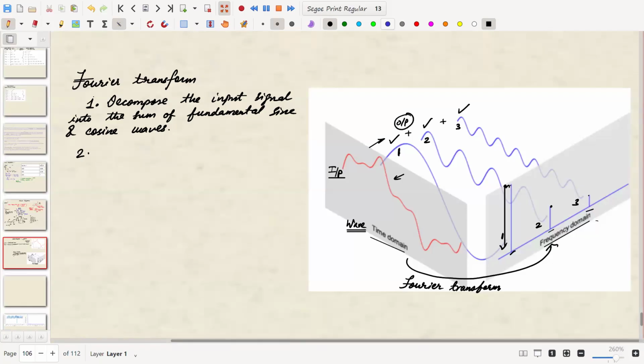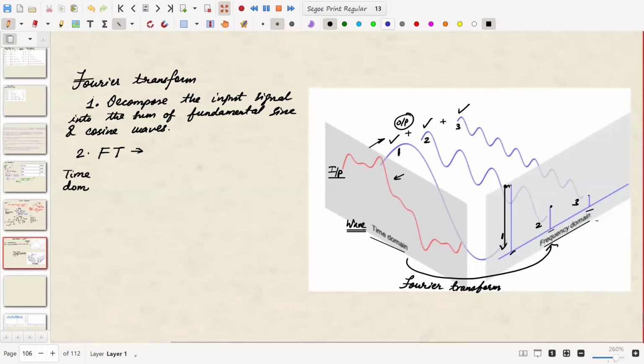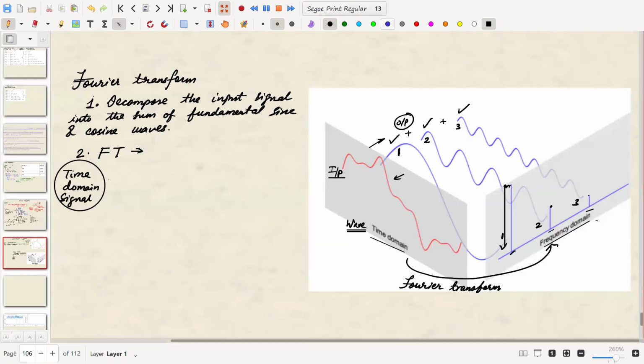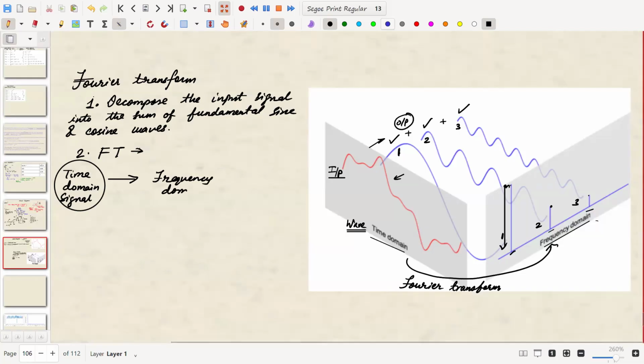Yes. What Fourier transform does is it takes the time domain signal and converts it into the frequency domain signal.